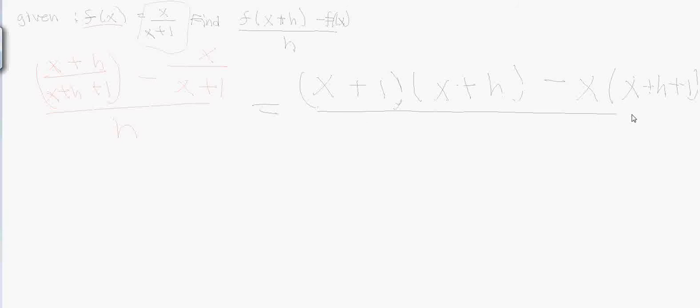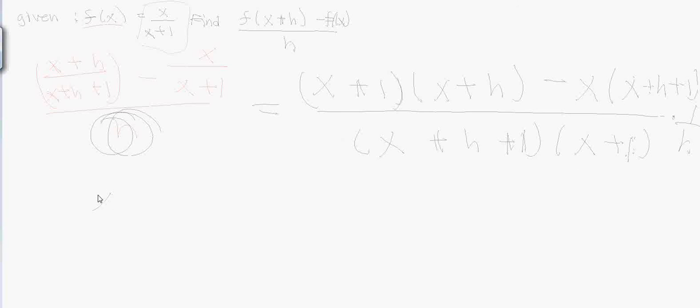And then this is all over the common denominator, as I said earlier: x plus h plus 1 times x plus 1. Now you want to simplify this, and you just distribute. Also, make sure you still have the denominator h, so you're multiplying this whole thing by 1 over h also.